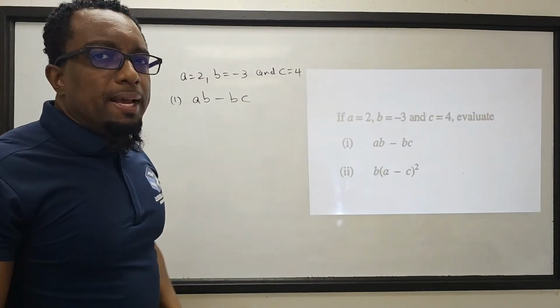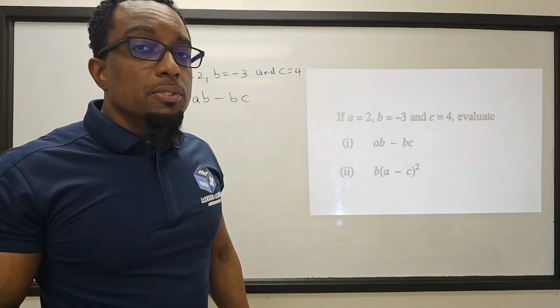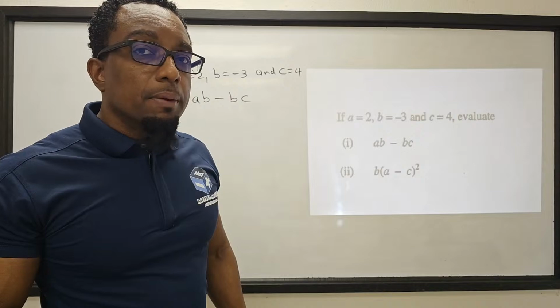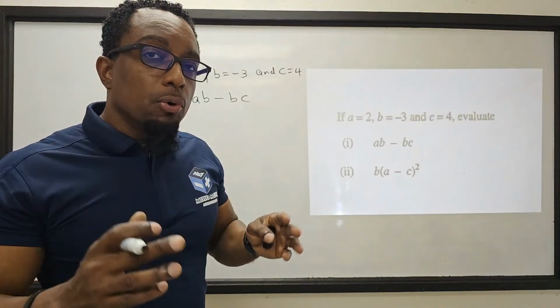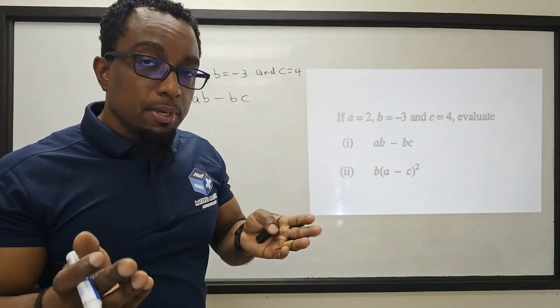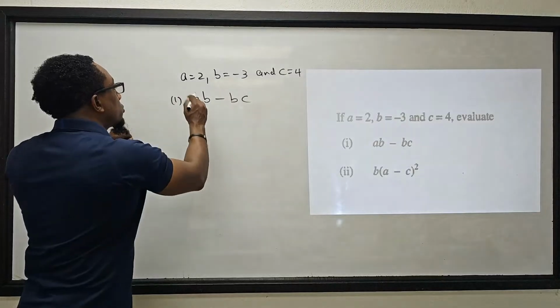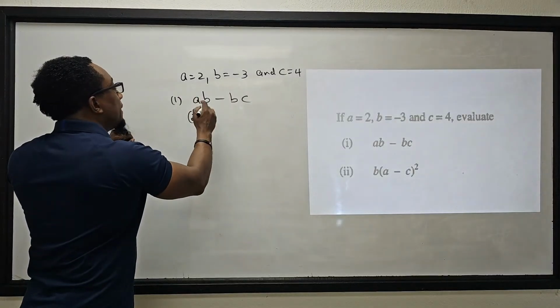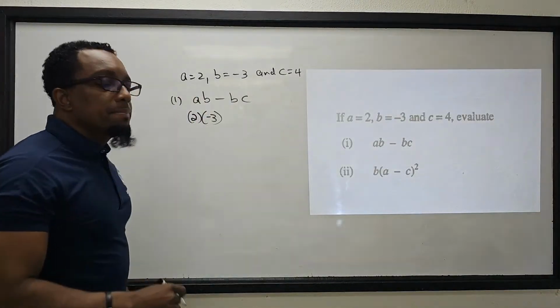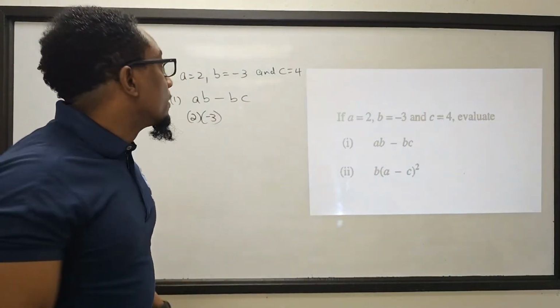And when you're multiplying two variables, it is always good, if you're replacing those variables with numbers, to show where the substitution is done by using brackets. So if I have A, which is 2, times B, which is -3, I make sure I place both in brackets, which will also mean I'm implying multiplication.